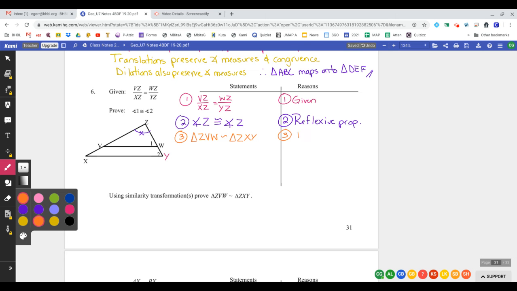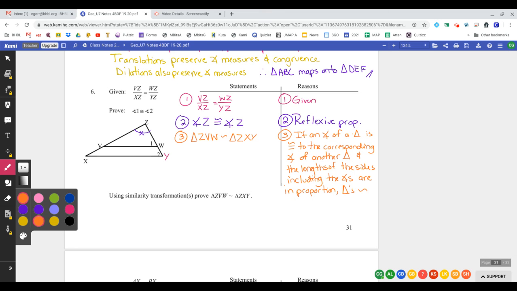And my reason is, if an angle of a triangle is congruent to the corresponding angle of another triangle, and the lengths of the sides including these angles are in proportion, the triangles are similar to each other.